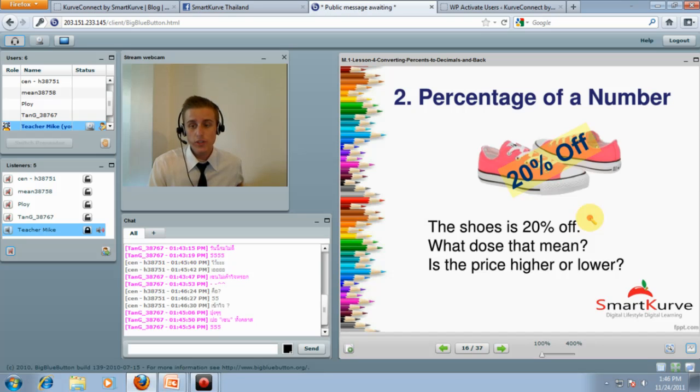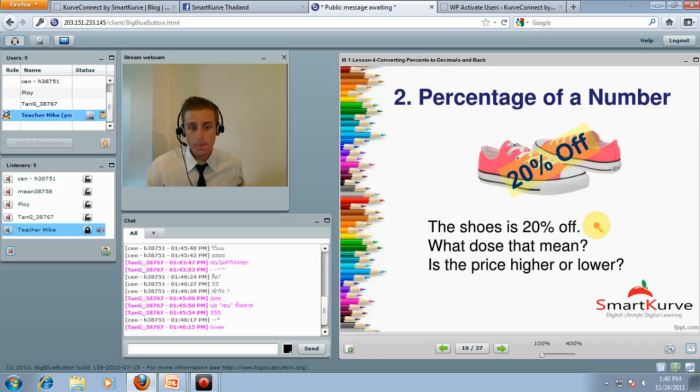The shoes are 20% off. What does that mean? Is the price higher or lower? If it says the shoes are 20% off, does that mean that the price is going to be higher or lower than the original? Correct. The price will be lower.